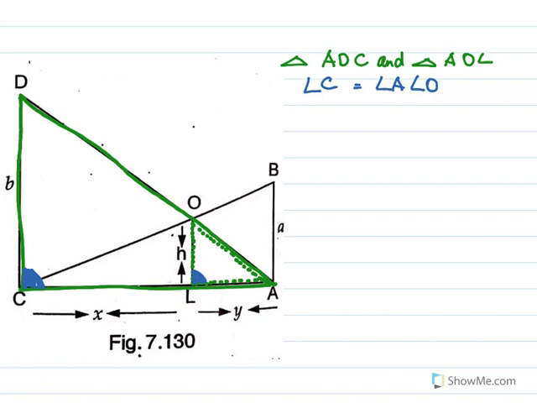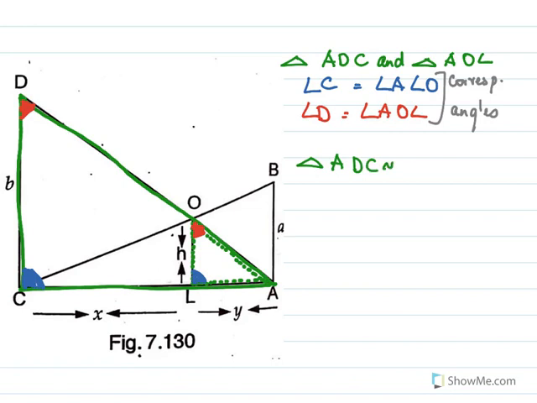Then for the next, we have this angle here equal to this angle, again corresponding angles, that is angle D equal to angle AOL, and reason corresponding angles. So if two angles are equal, the triangles are similar. So I got triangle ADC will be similar to triangle AOL.